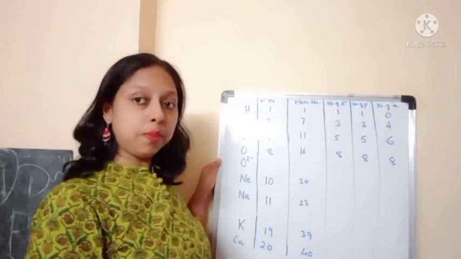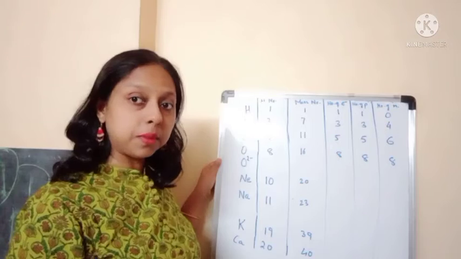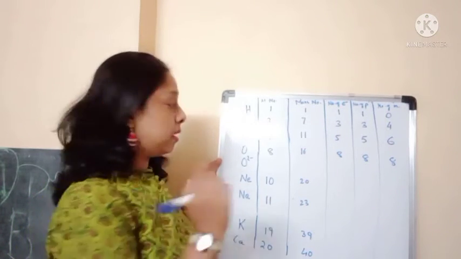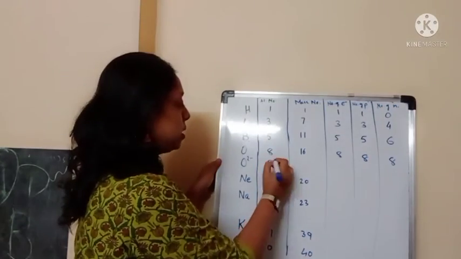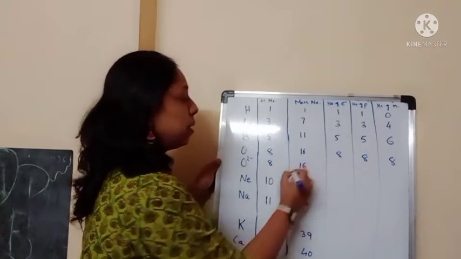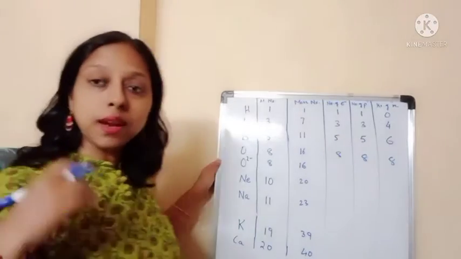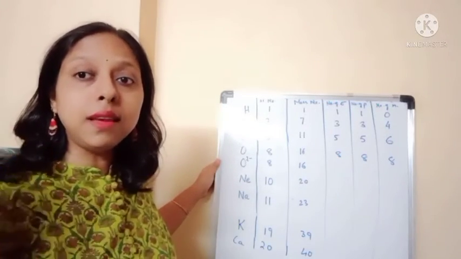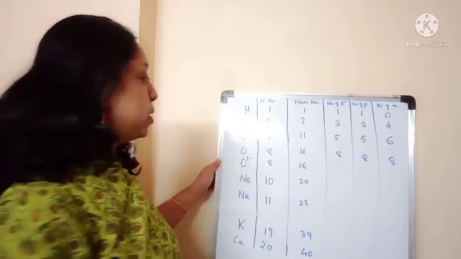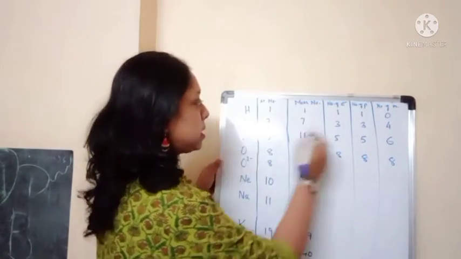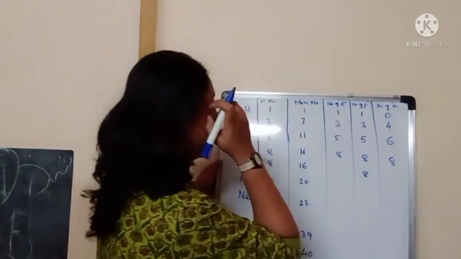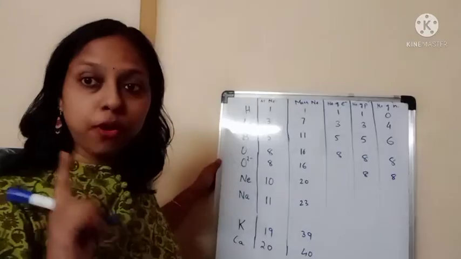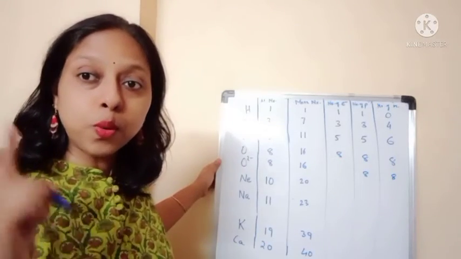So what will happen to the atomic number and mass number? Atomic number never changes, even if it is an ion. The atomic number will remain 8. The mass number will also remain the same, because the addition or removal of electrons does not add anything to the mass number. So your atomic number is 8, your number of protons should be 8, your number of neutrons should also be 8, but the number of electrons is no more 8.